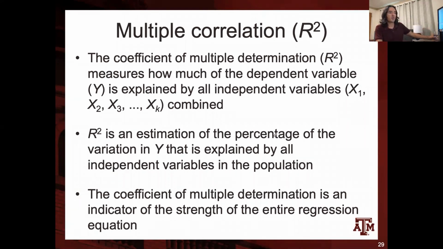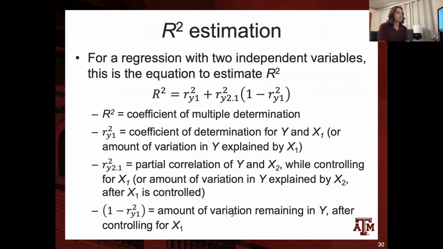R-square is an estimation of the percentage of variation in Y that is explained by all the independent variables in the population. The coefficient of multiple determination is an indicator of the strength of the entire regression equation.